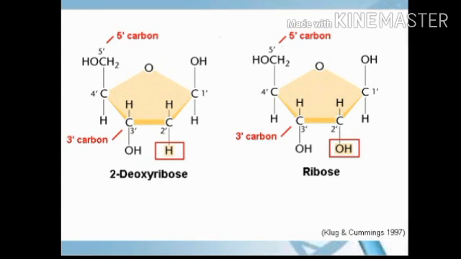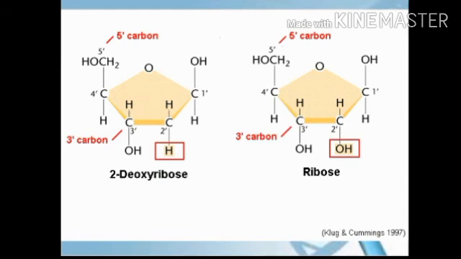The sugar which is present in DNA is called 2-deoxyribose sugar. The sugar which is present in RNA is called ribose sugar. The molecular formula of ribose sugar is C5H10O5. Here all the carbons are attached with a hydroxyl group.